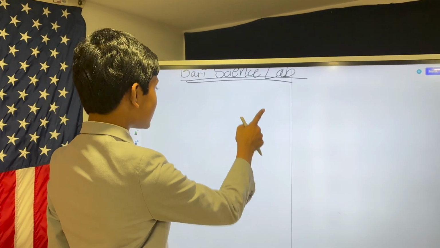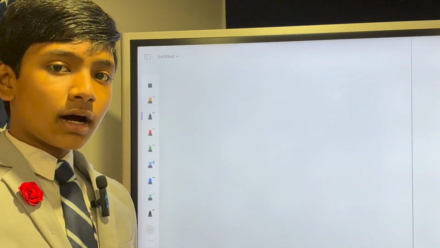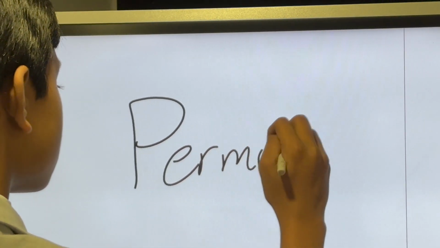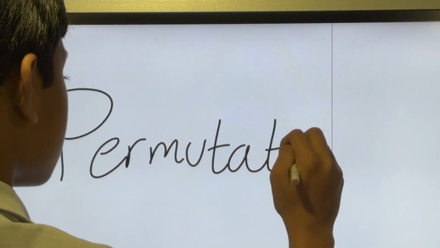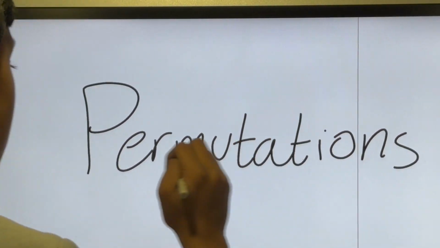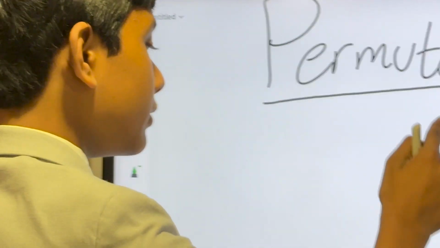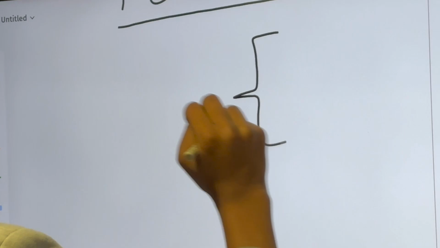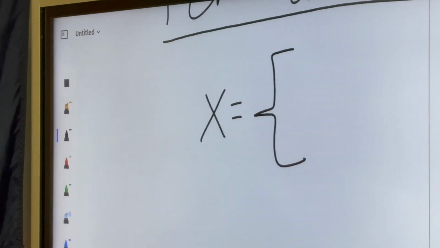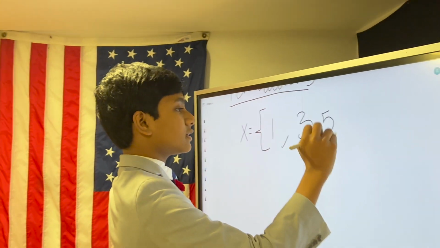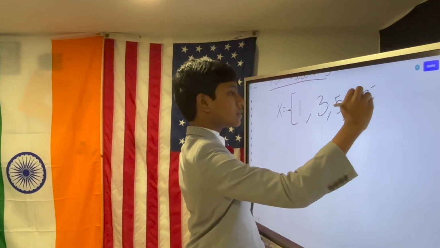So, let's get started. Last time, we talked about permutations, right? Essentially, what happens if we take a set like x is equal to 1, 3, 5, 7, 9.